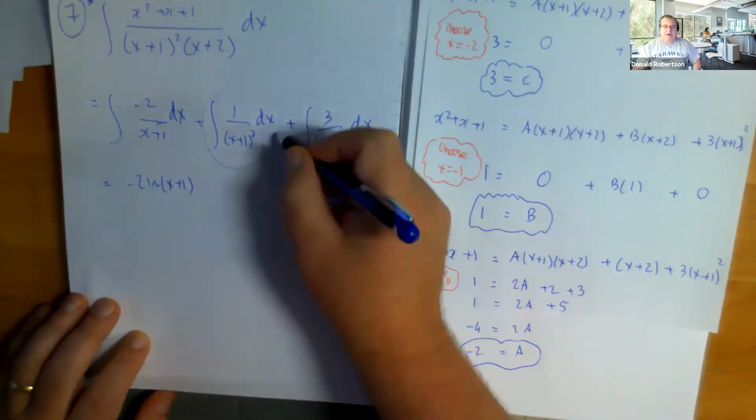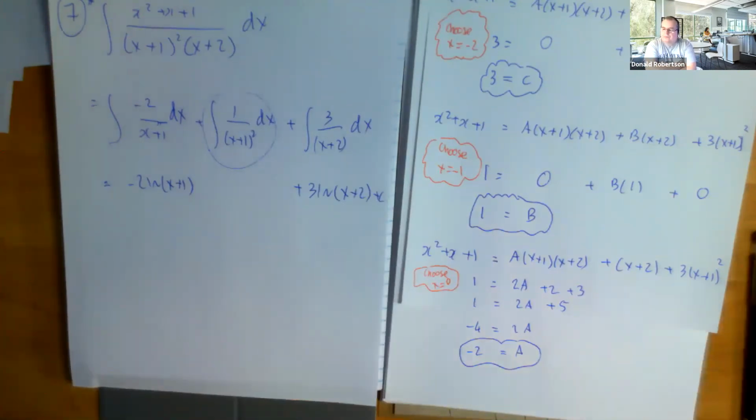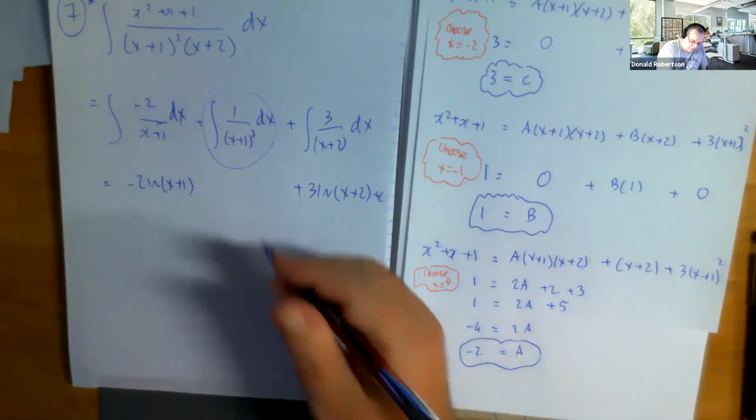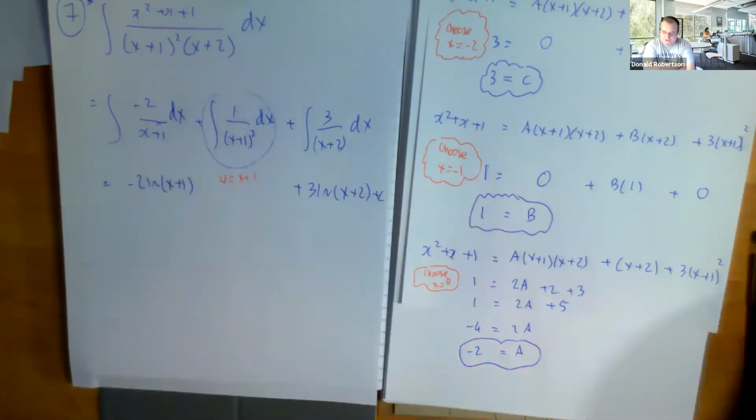How am I going to do that guy? I need to integrate that guy. U sub. And make the u sub x plus 1. And it'll work out nice.